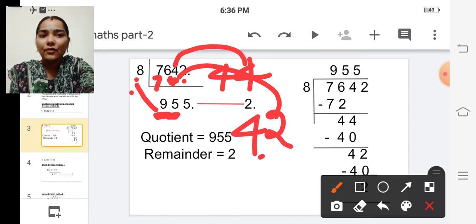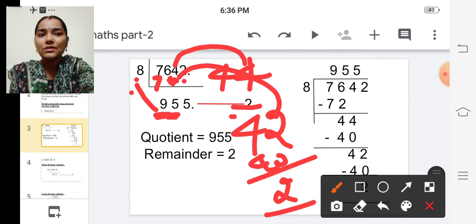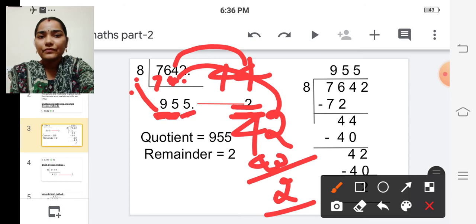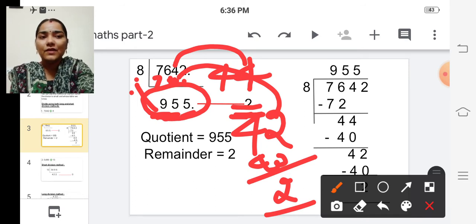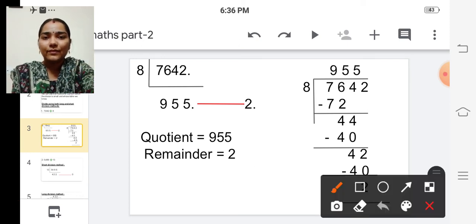Again 5 eights are 40, so the remainder will be 2. We write the remainder here, and 5 here. So what is the quotient? The quotient is 955, and the remainder is 2.